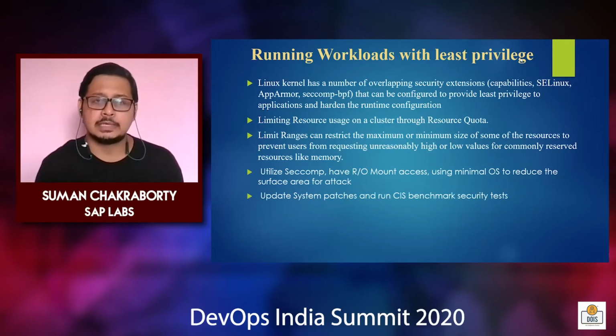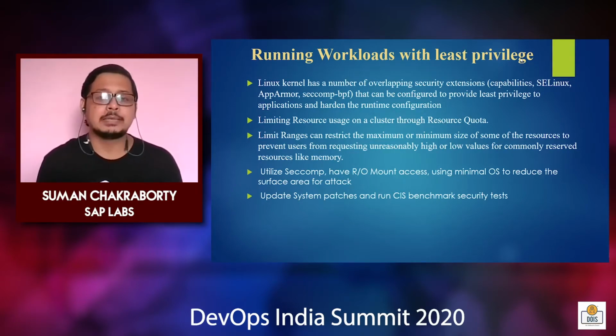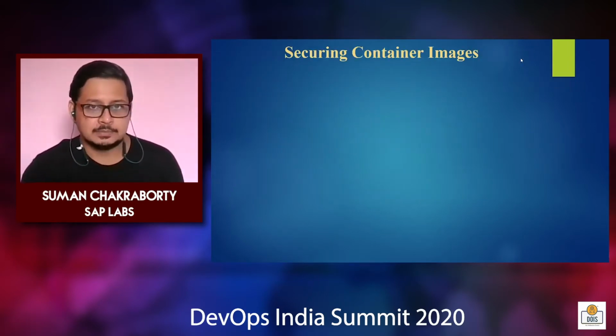And also the best way is that you always update the system patches and also run CIS security benchmark tests. So if there is any vulnerability that is introduced, you should immediately update the corresponding OS within the application and then redeploy the application.